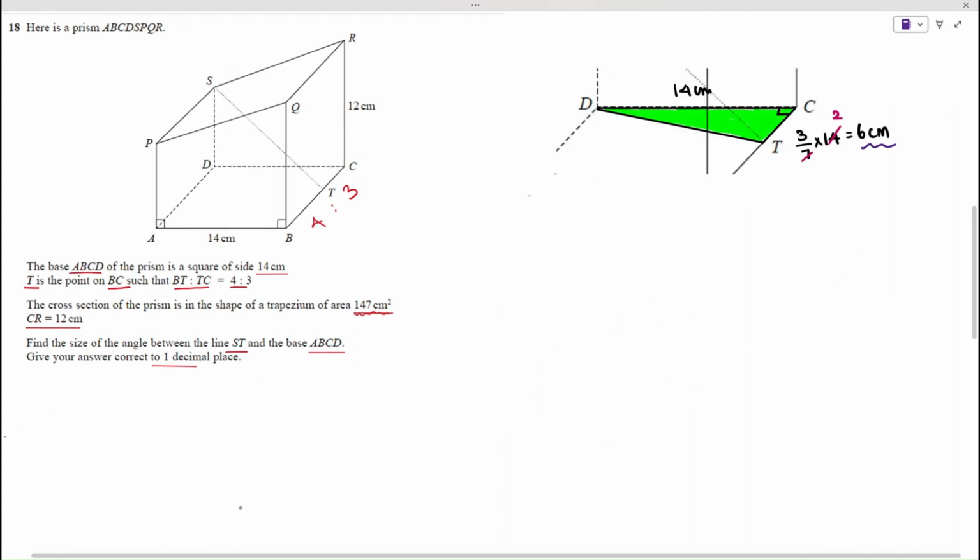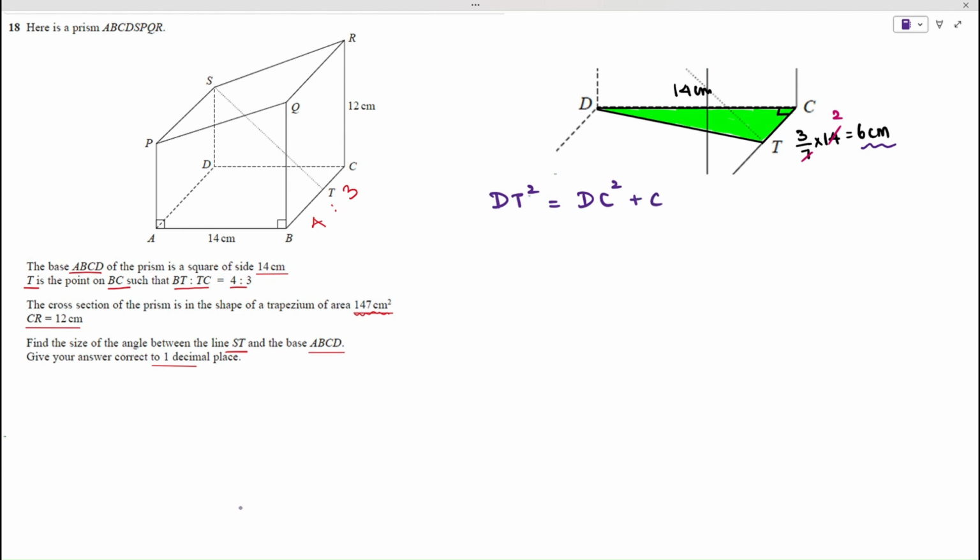So we are given the length of DC as 14 centimeters and the length of CT as 6 centimeters. So we use Pythagoras, and as that states, the square of the hypotenuse is equal to the sum of the squares of the other two sides. So DT squared is equal to DC squared plus CT squared. And now we can substitute our values in.